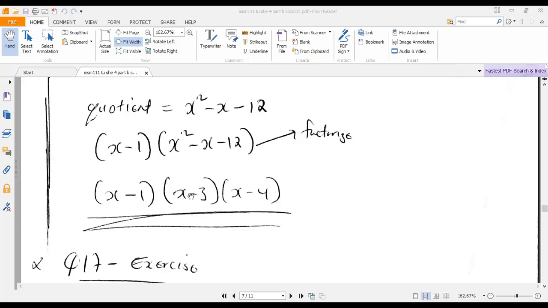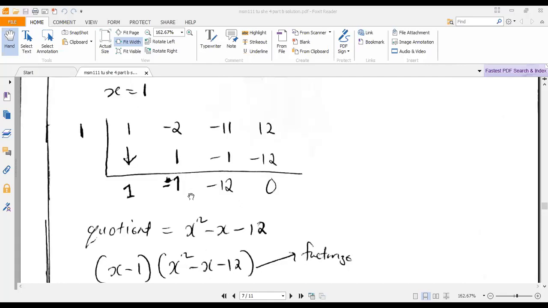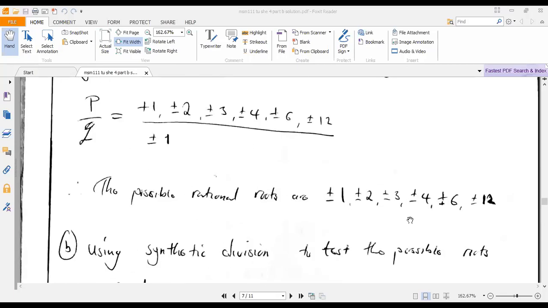So I'm having a question. Yes, please. The part where you use synthetic division. We found the factors, the possible rational roots.